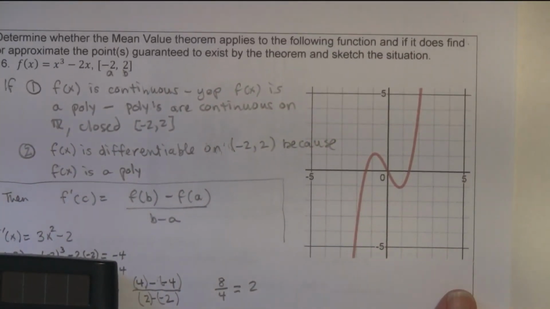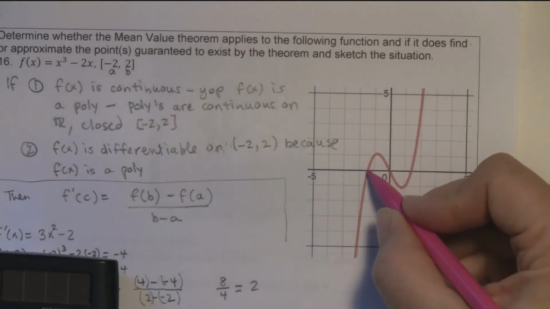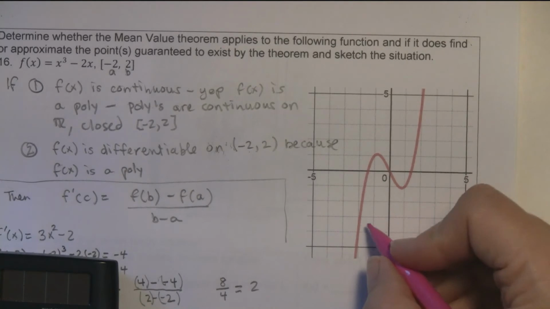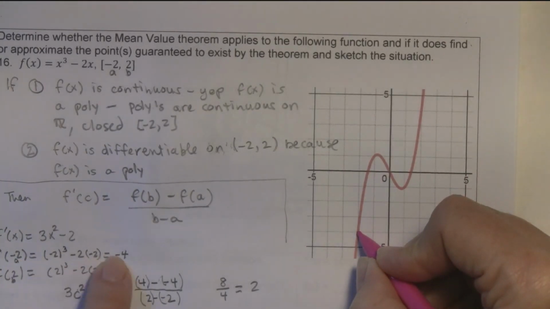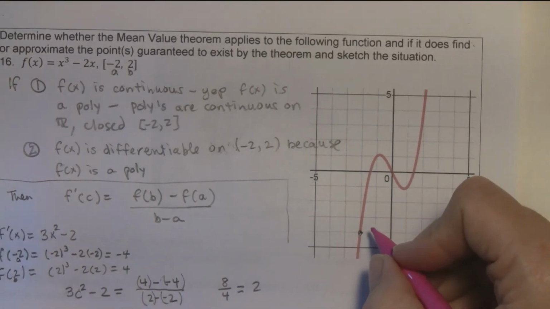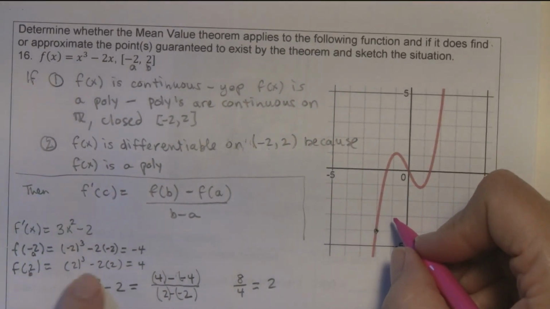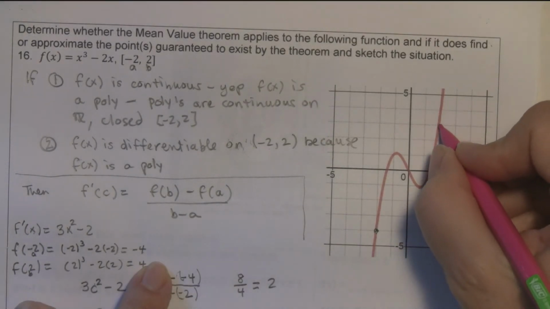So I just want to draw real quick what we found. So here we are at -2, and we should be down here at -4. Remember, we found that f at -2 was -4. And remember, f at 2 was +4. So our interval here, 2, +4.